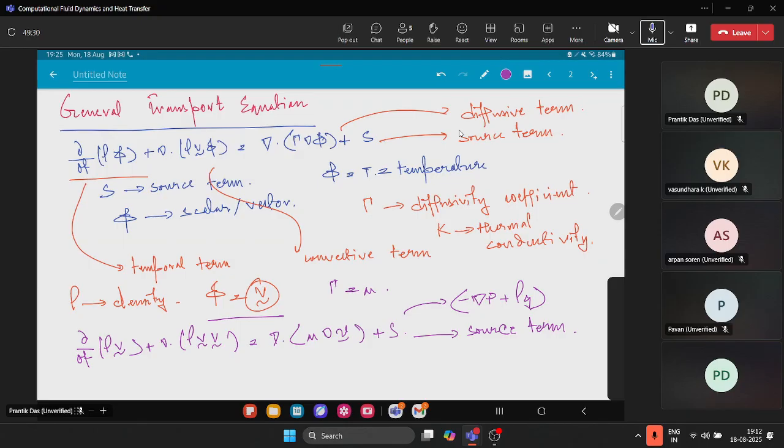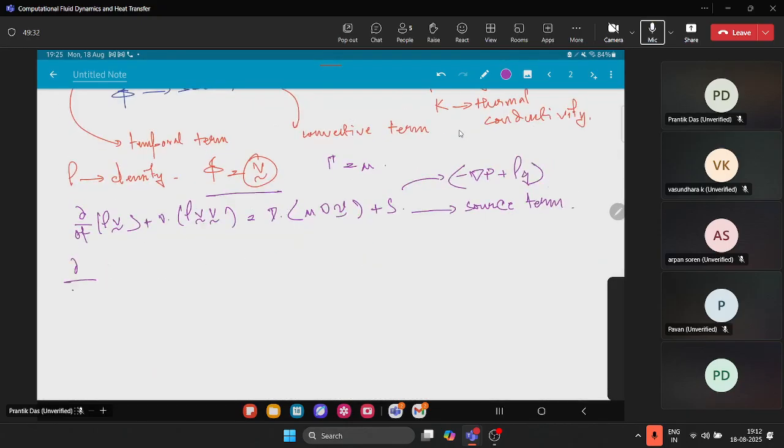So if I put the source term in the equation, it is d/dt of rho v plus del dot rho vv equals del dot mu grad of v minus grad of p plus rho g. Now this reduces to a Navier-Stokes equation.